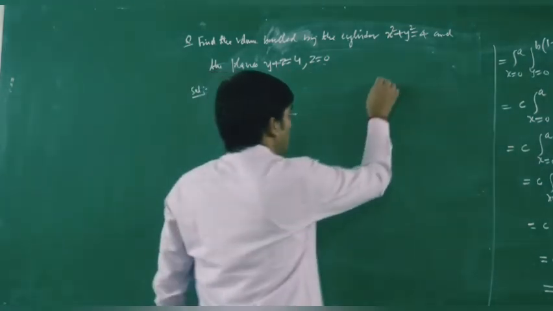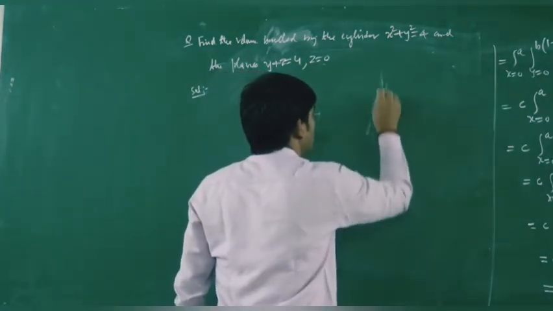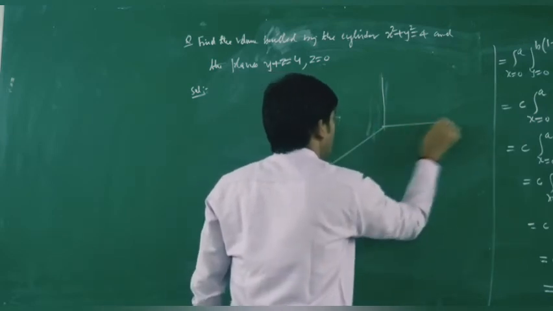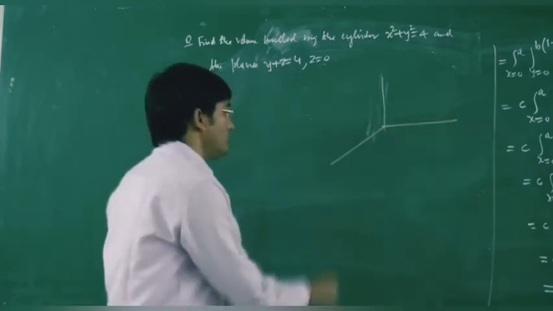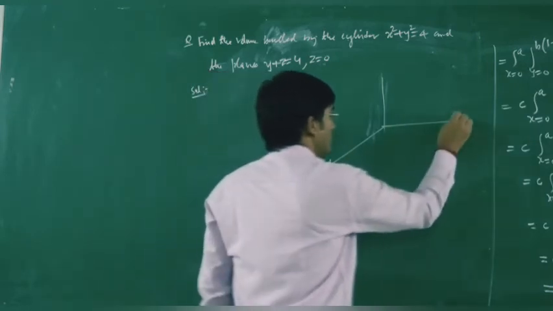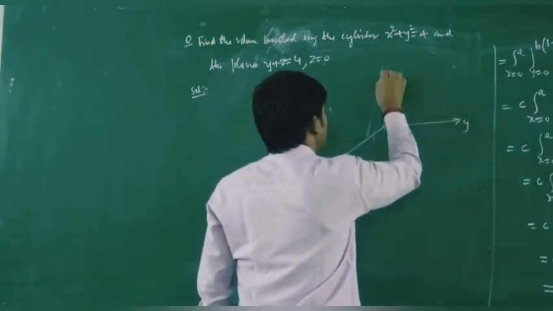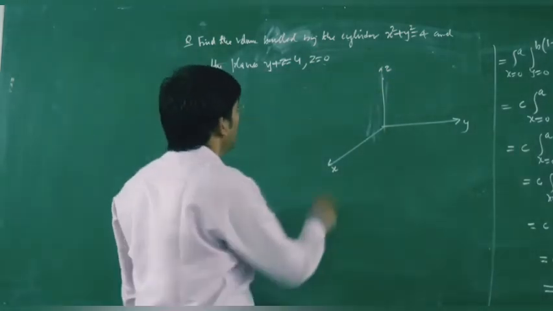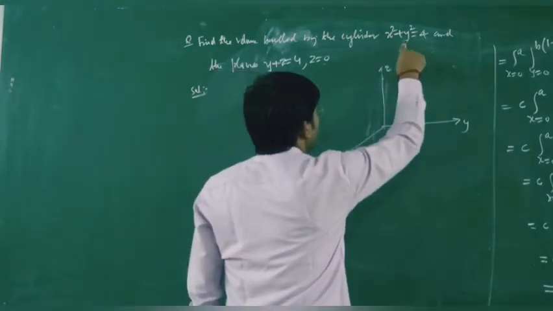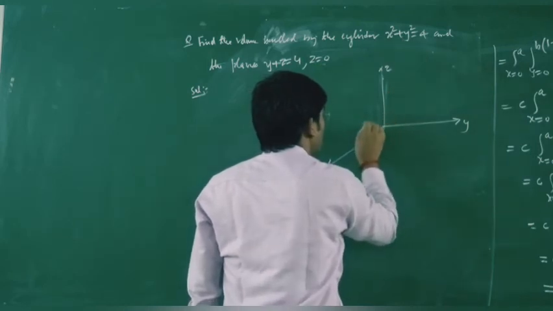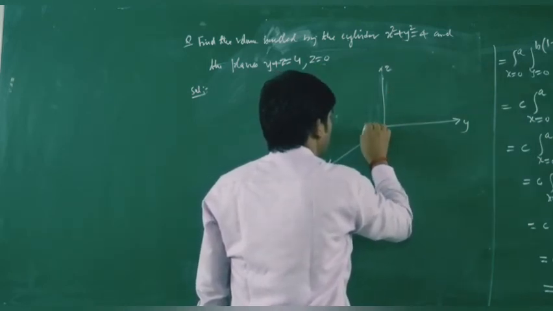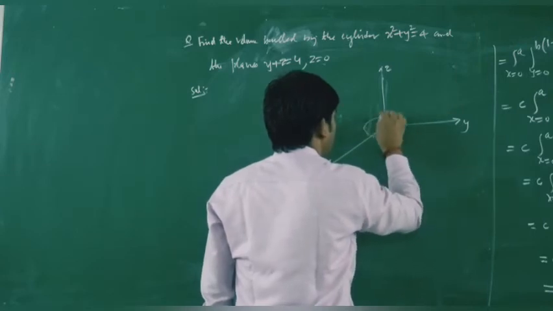So let us draw this figure. So here we have, say this one as x-axis, this one as y-axis, then this one as z-axis. Now here we have a cylinder x square plus y square equal to 4, so that means this will be just like this one.